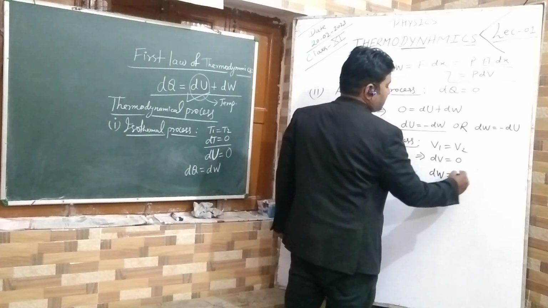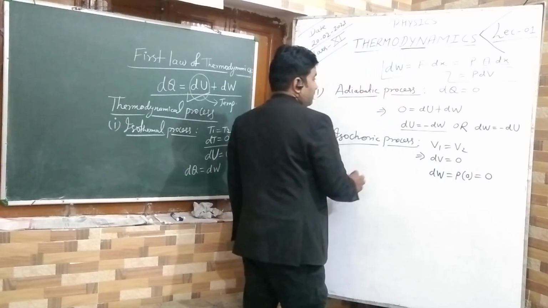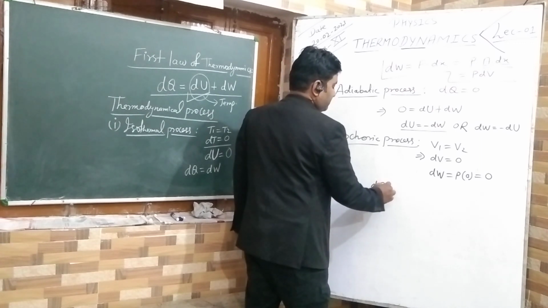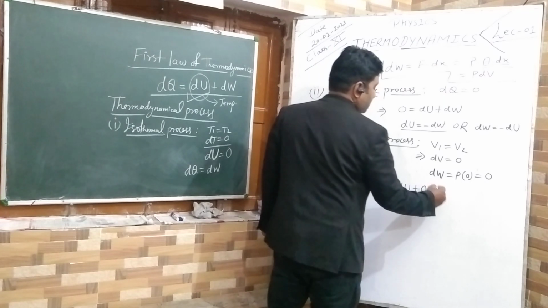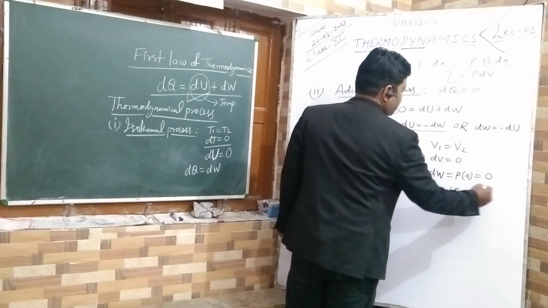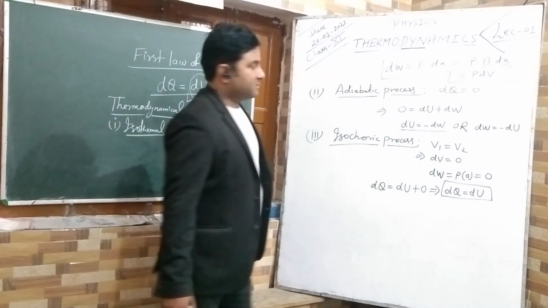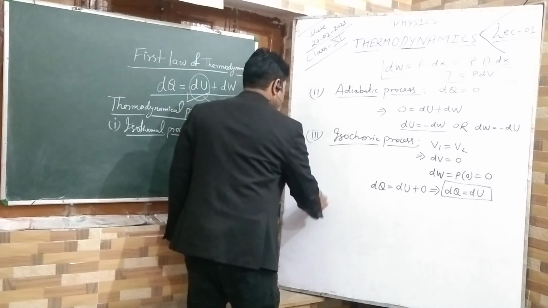So by the first law of thermodynamics, dQ is equal to dU plus 0. Total dQ is equal to dU. Clear? This is the isochoric process concept, and the next one is the isobaric.